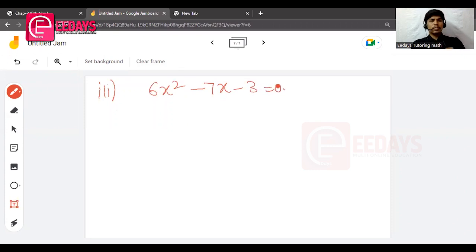So first step is you just find the zeros. How to find the zeros? You just find the zeros by splitting the middle term. So here A is equal to 6, B is equal to minus 7.